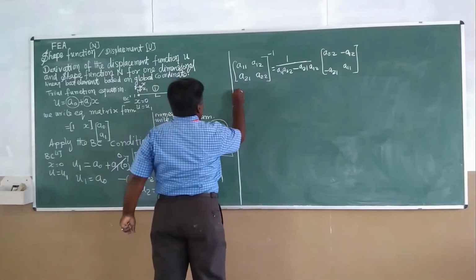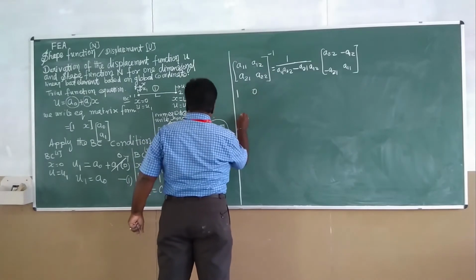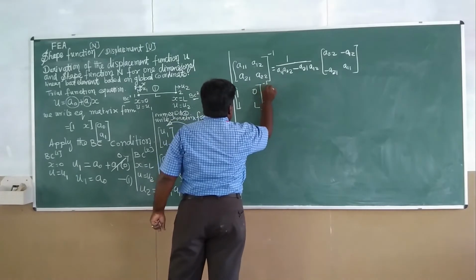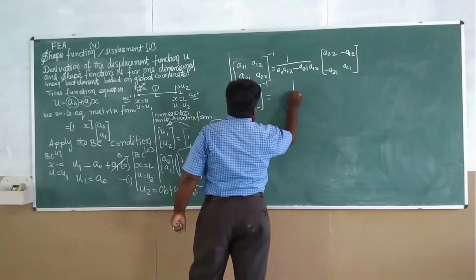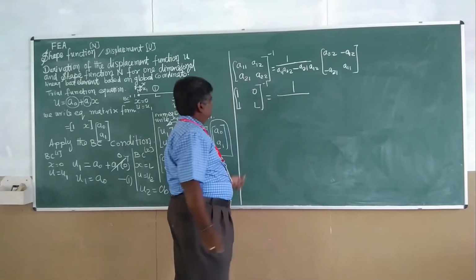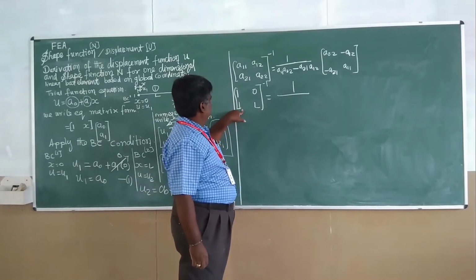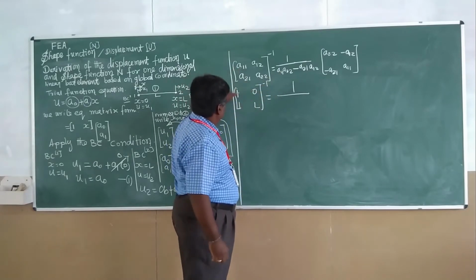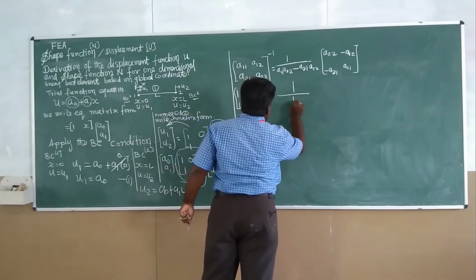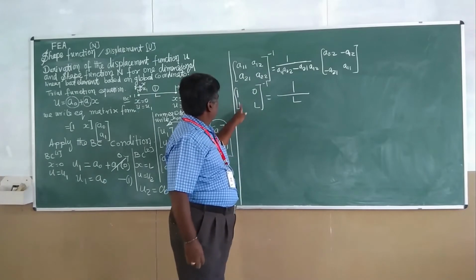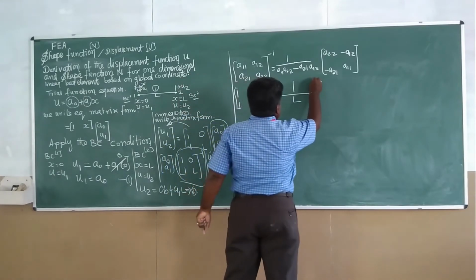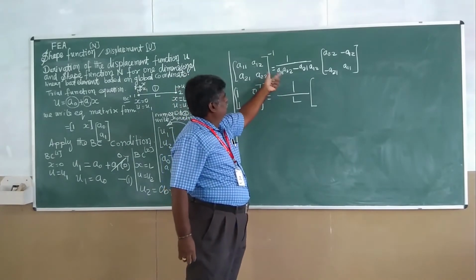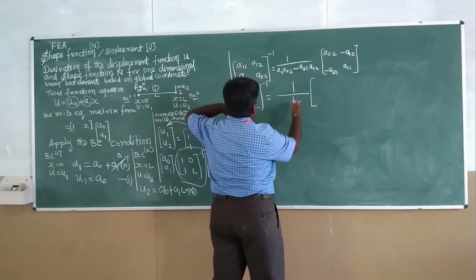So for the matrix 1 0, 1 L, the inverse matrix is 1 divided by the cross multiplication: a11, so 1 into L, minus 1 into 0. Apply the same inverse matrix formula. Interchange: L and 1, the same 0, and minus signs will come.